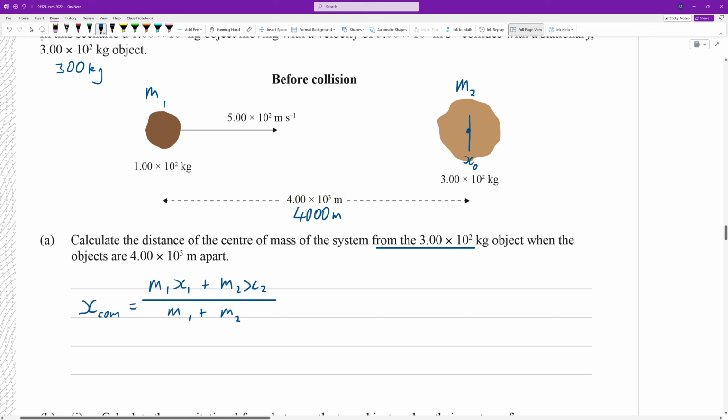So M1 can be the smaller mass in this case, which is 100 kilograms. And x1 is its distance from our origin. Oh look, it doesn't even recognize my straight line there. The distance from our origin, and what is that? Well, that is the full 4,000 meters.